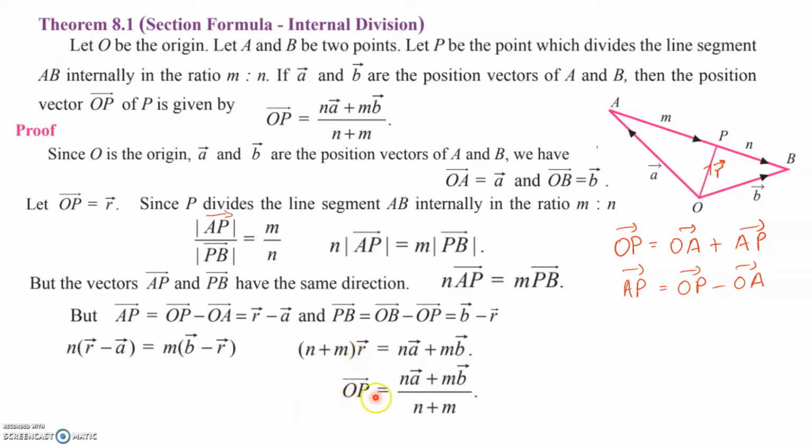So the vector OP is equal to n into vector A plus m into vector B divided by n plus m. Therefore, we have proved that our vector OP, which divides AB in the ratio m to n, can be defined as n vector A plus m vector B divided by n plus m.